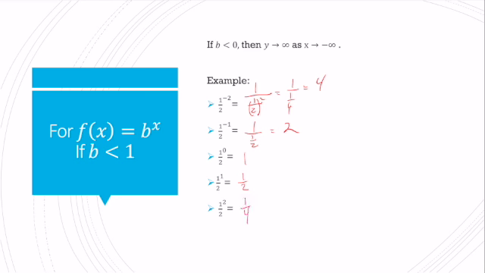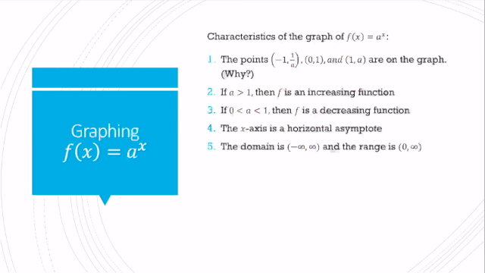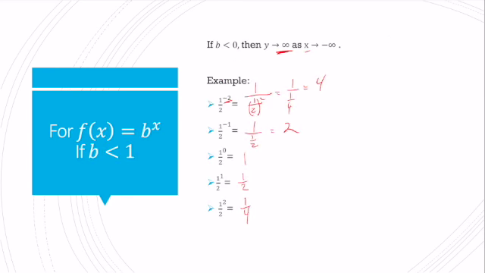So in this case, as x approaches negative infinity, my y approaches positive infinity. When my x values are smaller, my y value gets bigger. So its graph would look more like this, still approaching 0 and never crossing 0, but for the smaller x values, it gets bigger and bigger.